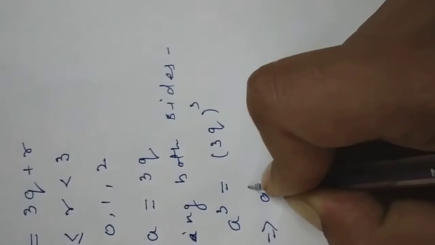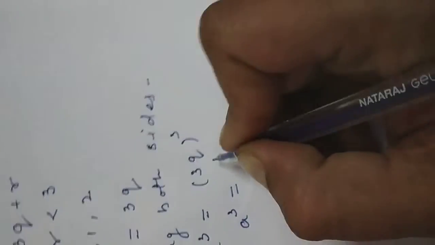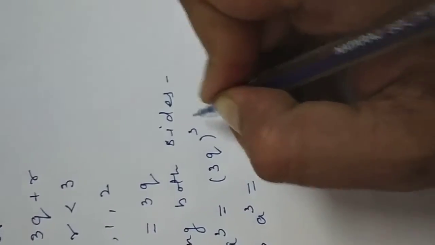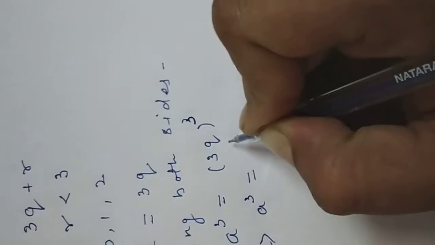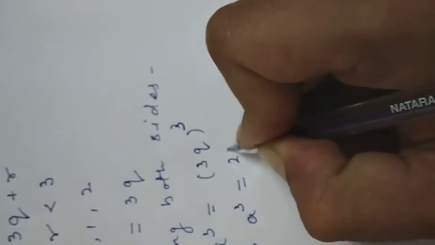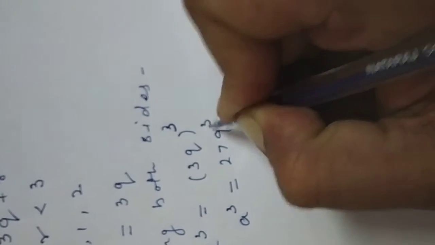From here, a cube is equal to 3 cube, which will be 27q cube.